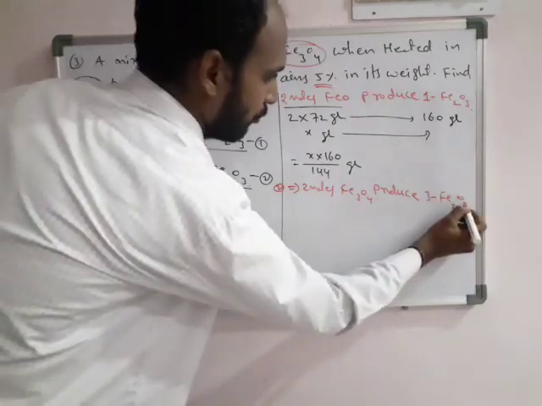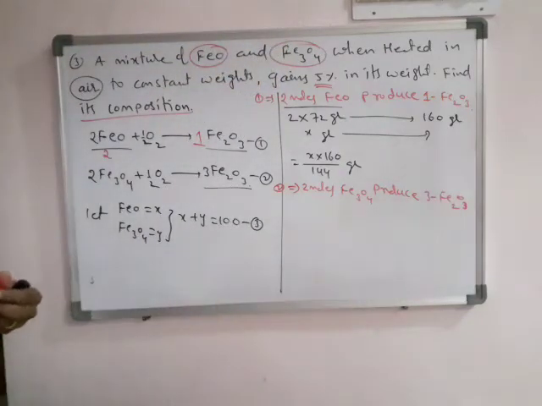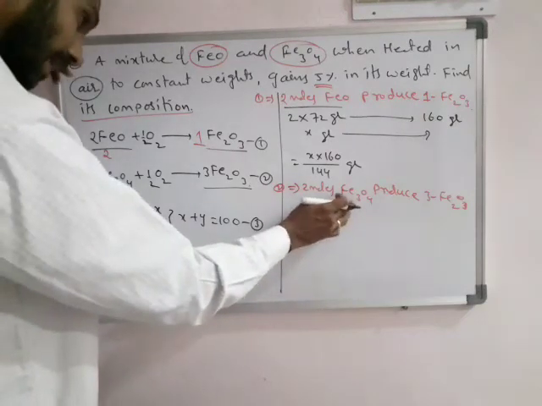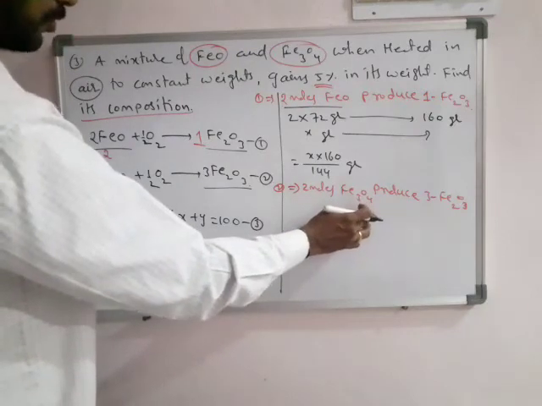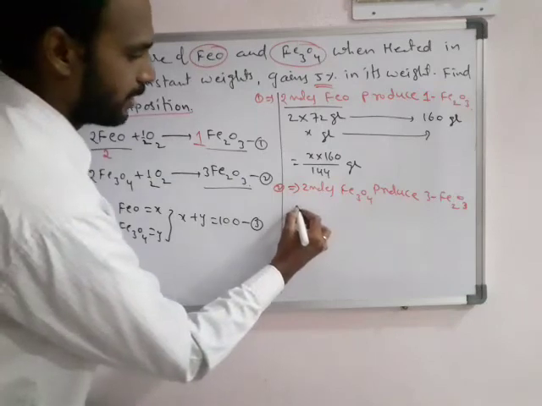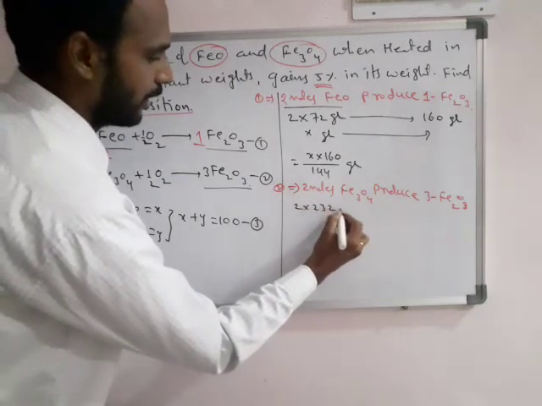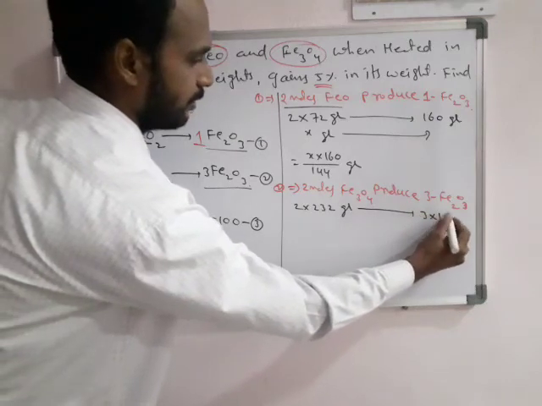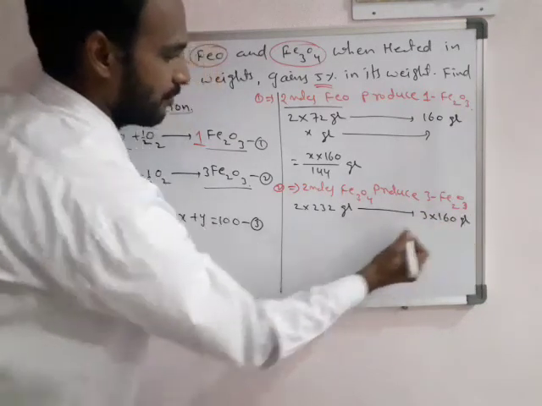So what is the molecular weight of Fe3O4? Here we know iron is 56, 3 irons, and oxygen 64. On this calculation we will get 232. Means 2 into 232 grams of Fe3O4 produce 3 into 160 grams of Fe2O3.